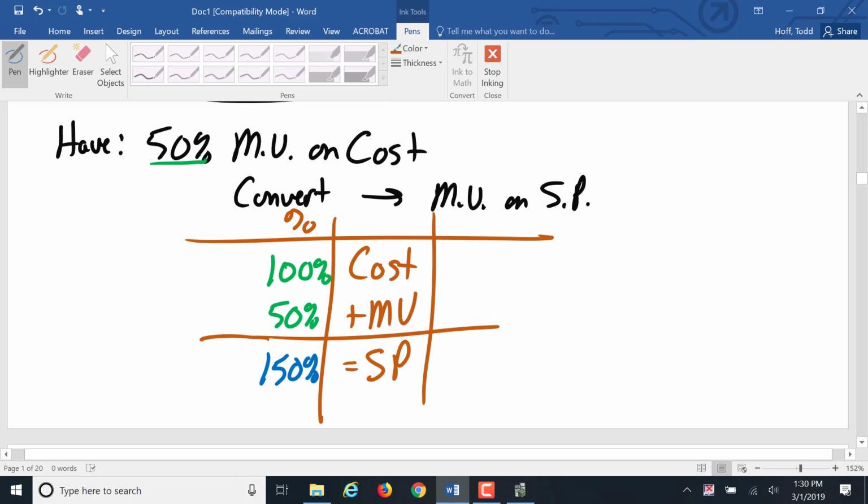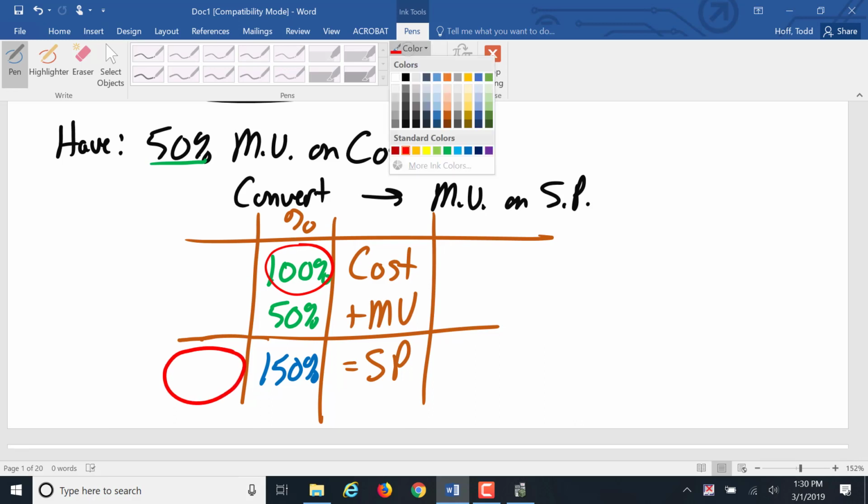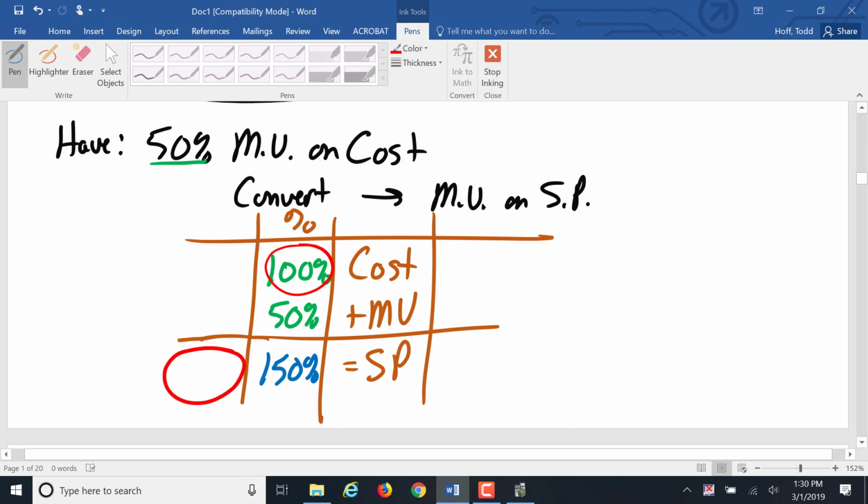If I want to convert that to a markup based on selling price, we know that this was the markup based on cost because 100% goes with the cost. For markup based on selling price, the 100% has to go with the selling price. So 100% would have to go there. I need to find what this percent would be for the percent markup.